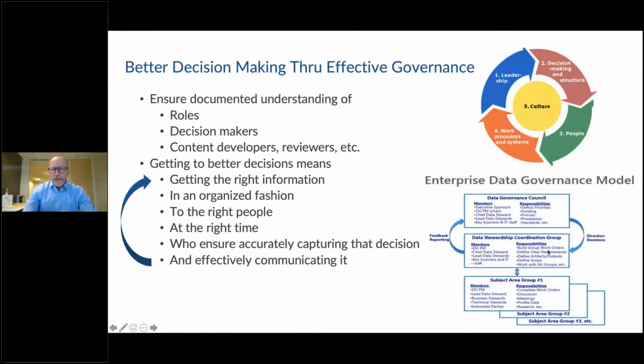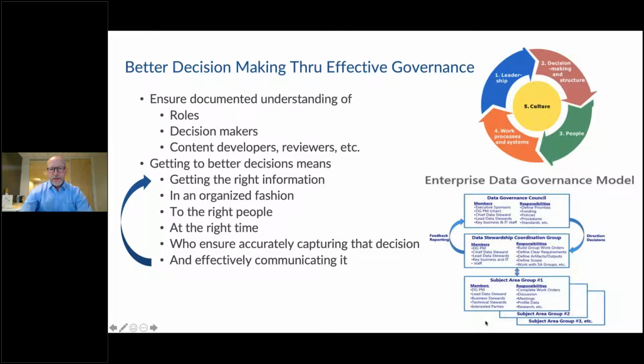So if you look in the lower right, you can see here a governance model that gives you a sense of who the players are and how the groups may interact with one another. And you can also see that there's a bi-directional flow of information. This is really key to remember. Information and decisions shouldn't just flow up. It needs to be, again, very bi-directional.